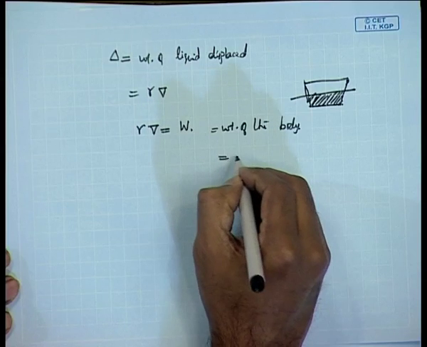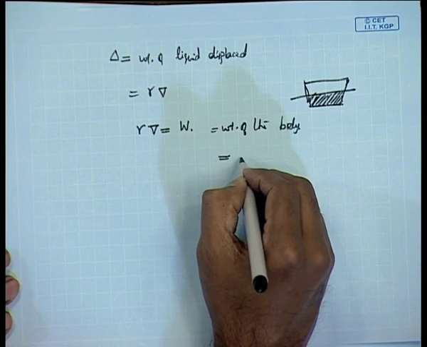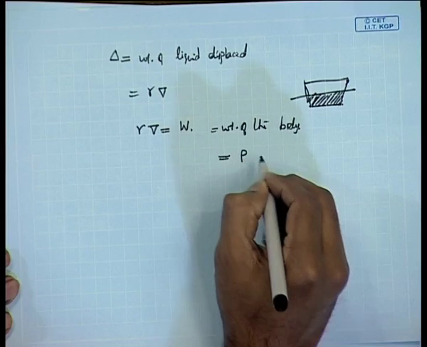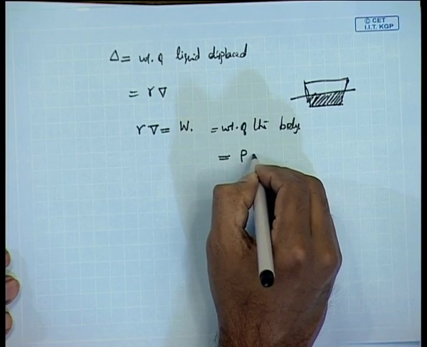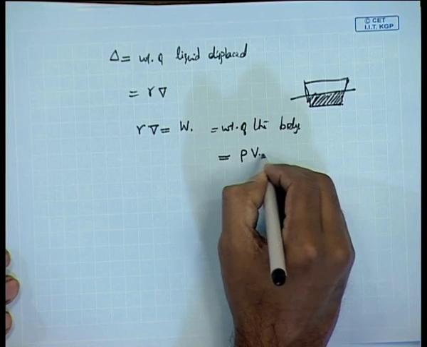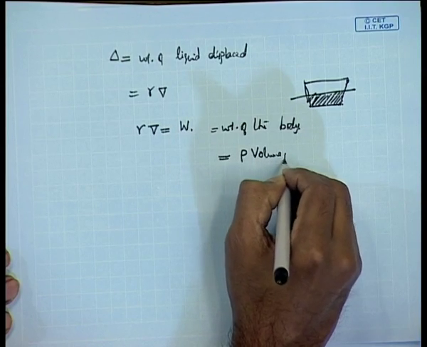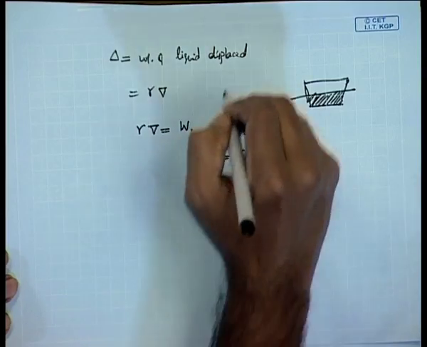If the density of the material of the body is rho, so it is rho into V, the total volume of the body. So, rho into total volume of the body will give you the weight of the body, down.